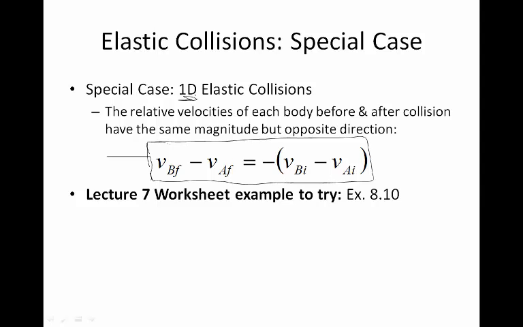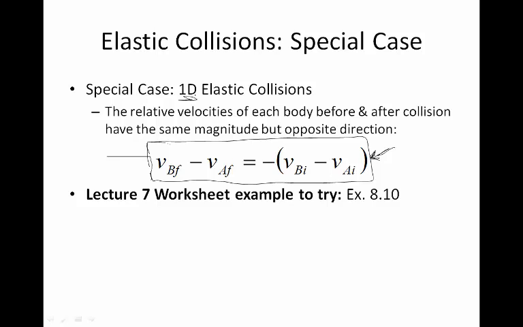No, actually, in a one-dimensional case you would only have the x direction, or y direction, so you'd end up with maybe 3 equations to work with. But as you can see, this equation's pretty straightforward, and usually this will make your life a little bit easier for a one-dimensional elastic collision.